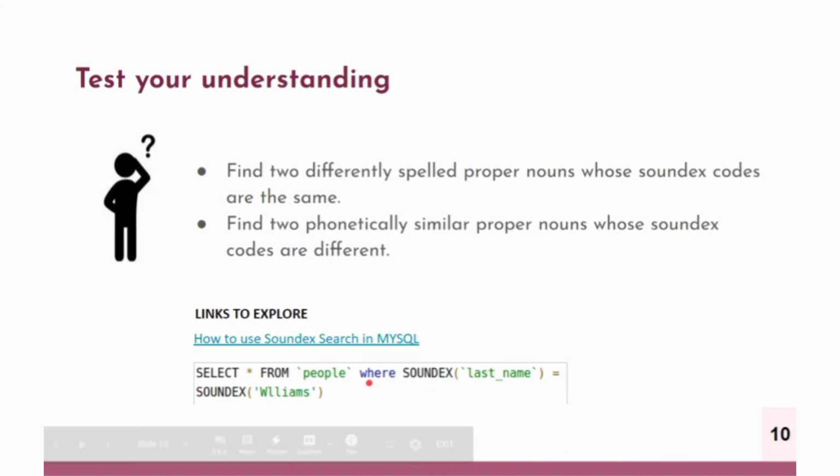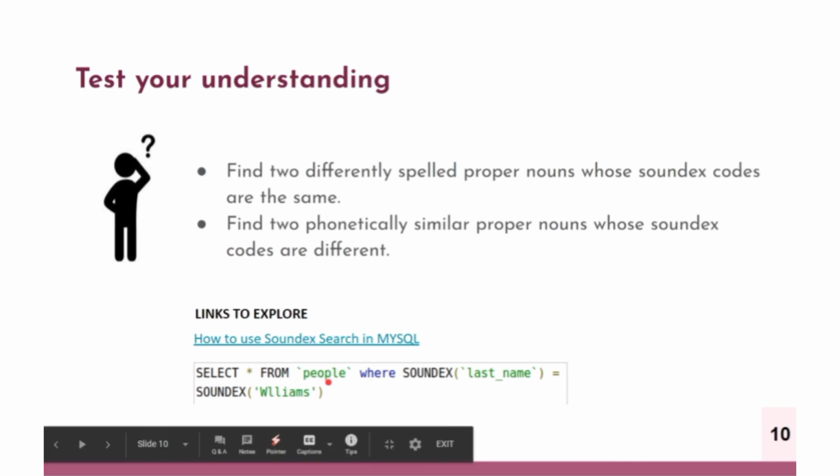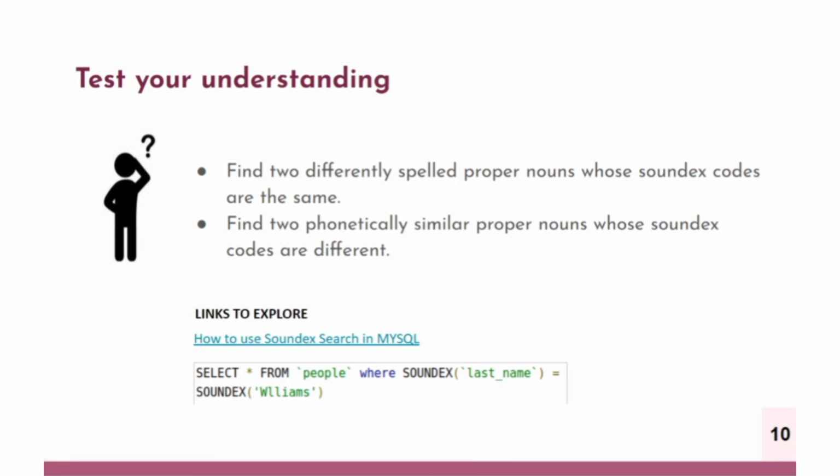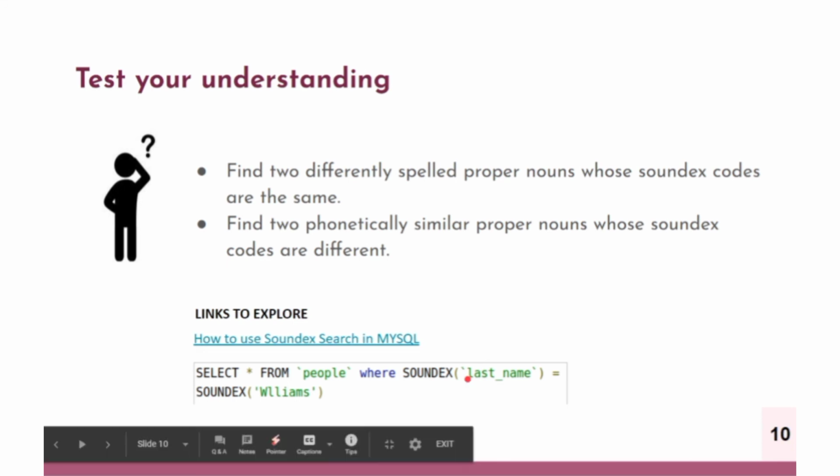It says SELECT * FROM people WHERE SOUNDEX(last_name) = SOUNDEX('Williams'). What does this mean? The user actually wants to find all the people whose last name sounds similar to the sound of Williams, right?